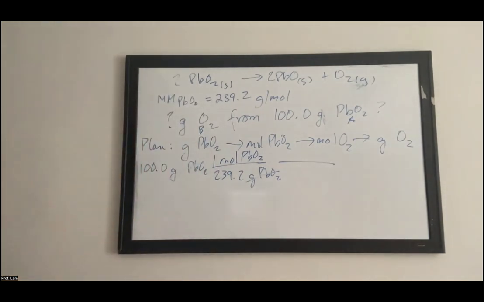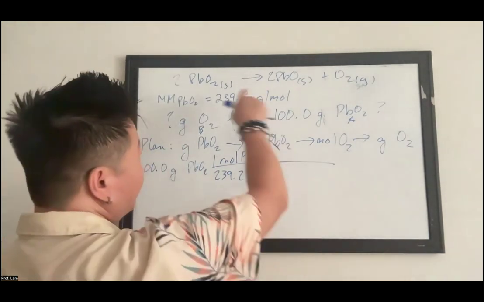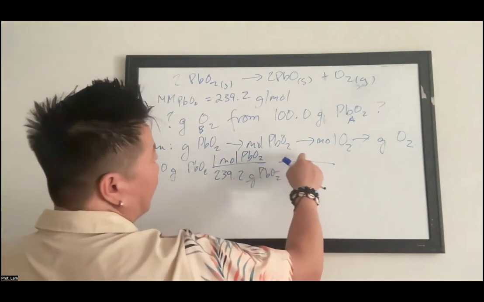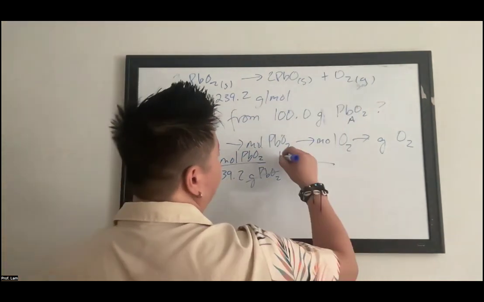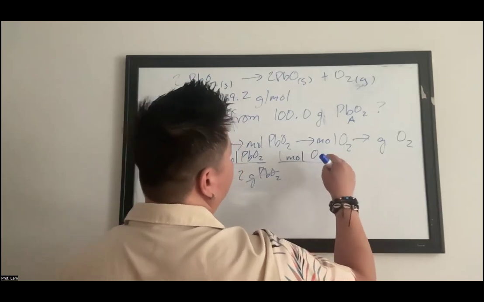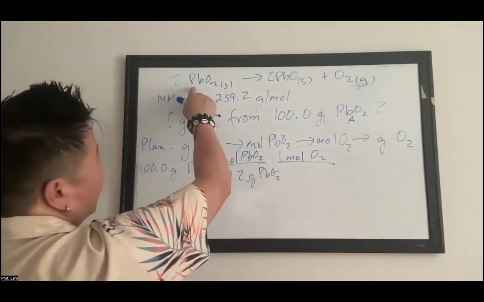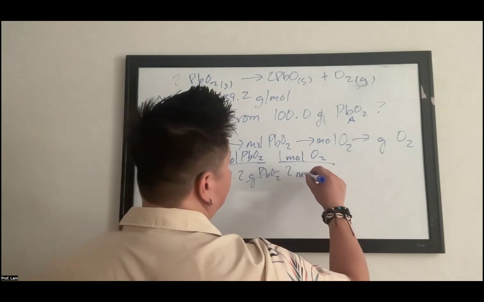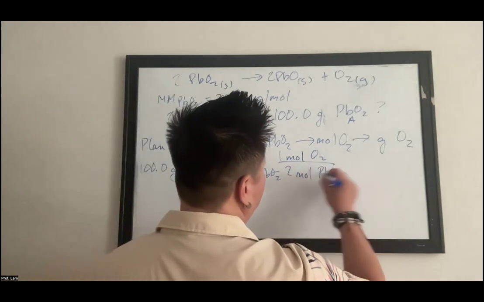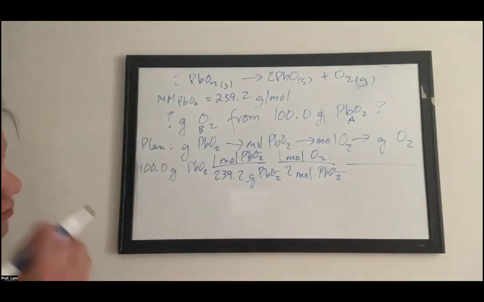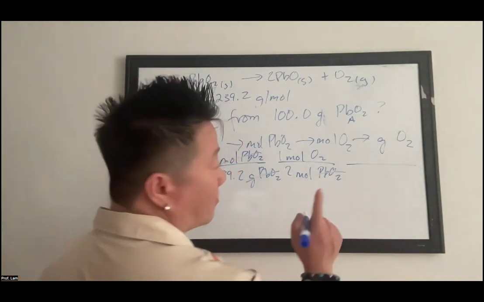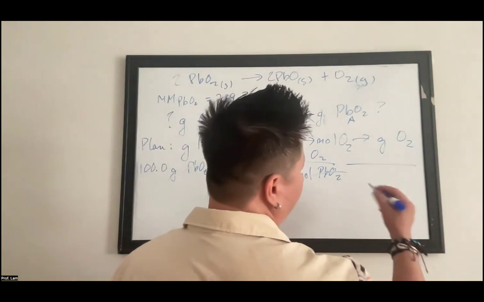Then going from mole A to mole B, we've got to use the mole to mole ratio from the balanced equation. We want mole of O2 out, so that's going to go on top. So look at the coefficient there. That's 1 mole of O2. And then on bottom, it's going to be 2 moles of PbO2. And then to get grams of O2, the molar mass of O2 is 32 grams per mole.